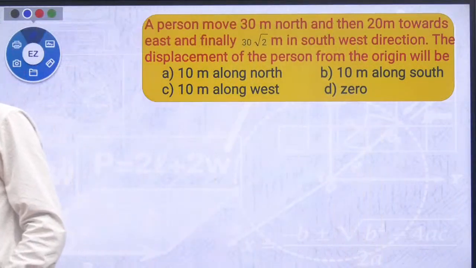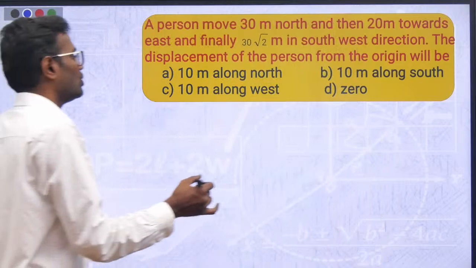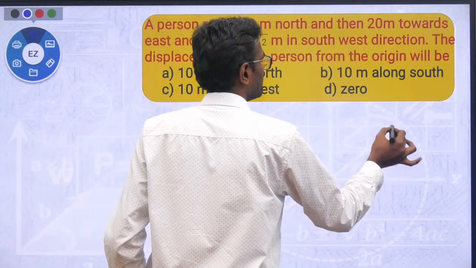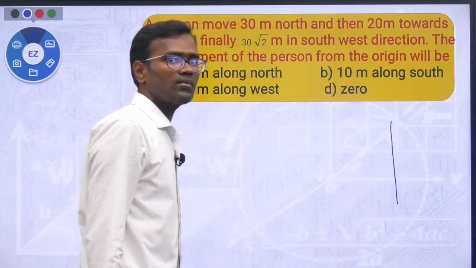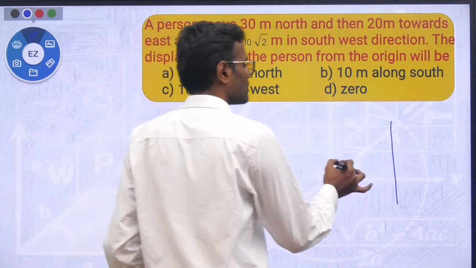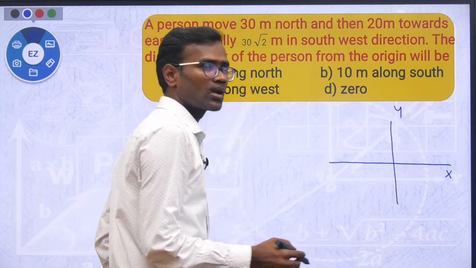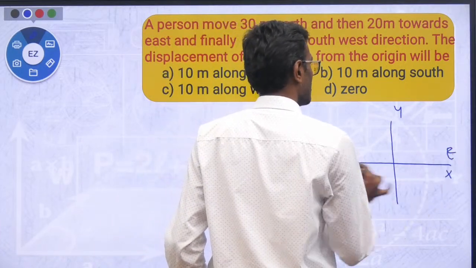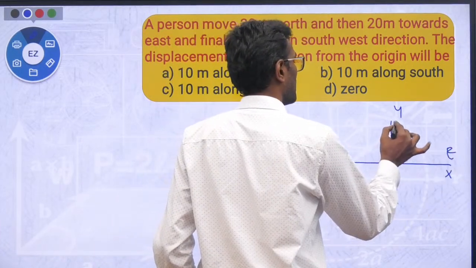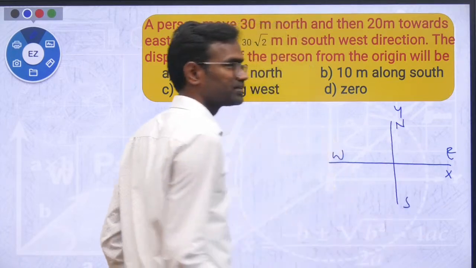origin will be? Okay, so to solve this, we take the directions first. This is the x-axis, this is the y-axis, and this is east, this is west, north, south.